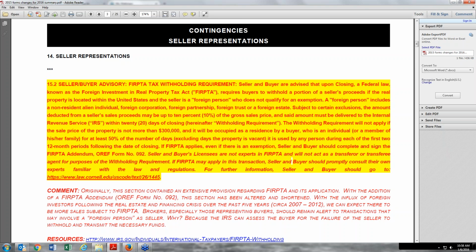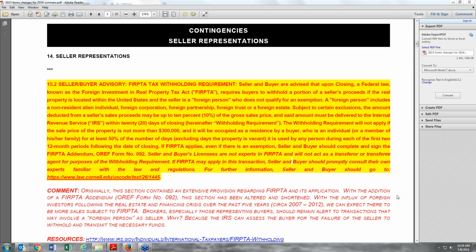the consequences of ignoring FIRPTA are huge, because what FIRPTA says is that if you are a foreign person, and that's defined as a non-resident alien individual, foreign corporation, former partnership, foreign trust, or a foreign estate, if any of those entities or individuals sell a property in the United States, then they could be subject to FIRPTA.